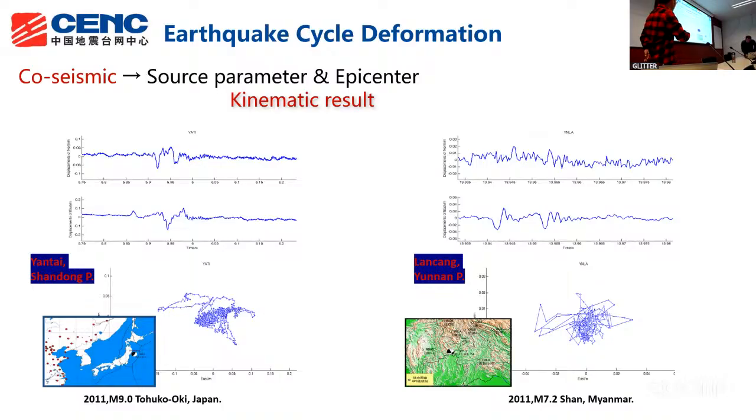The reference station we also choose is in here. The reference station is about 600 kilometers from these stations. The reference station has only a little influence from this earthquake. Thank you.